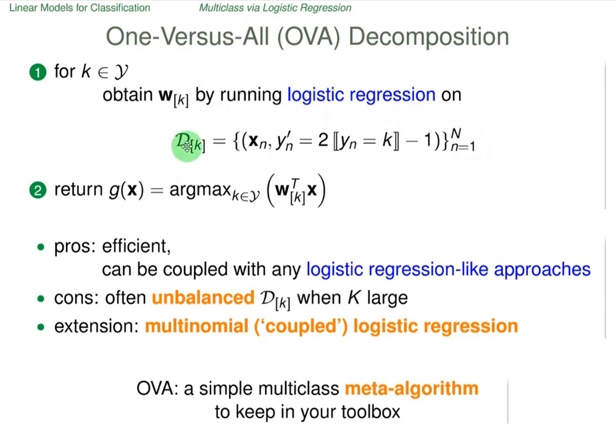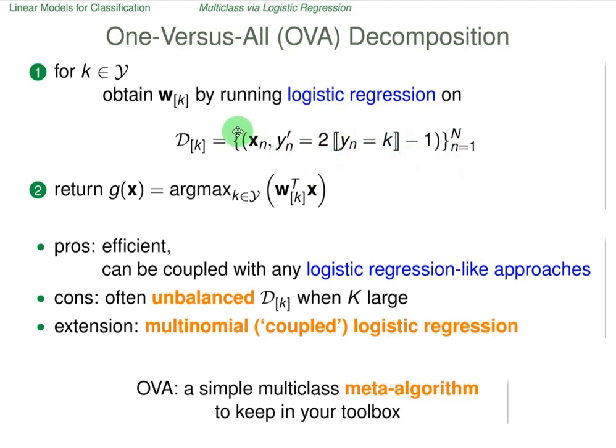Given a data set with K classes, we label the examples as follows. When y is equal to k, the label will be 1. And when this is not true, the other examples are relabeled as negative 1s.